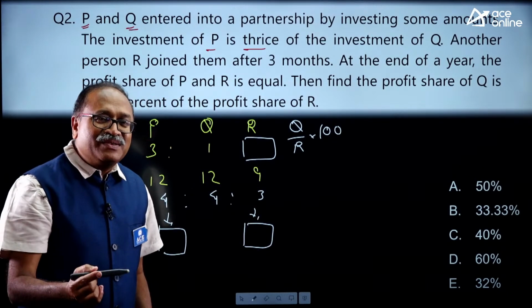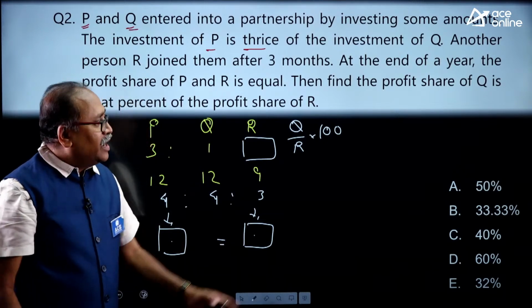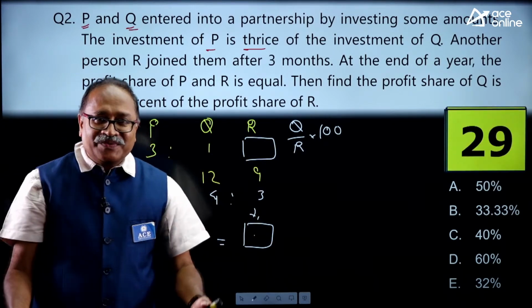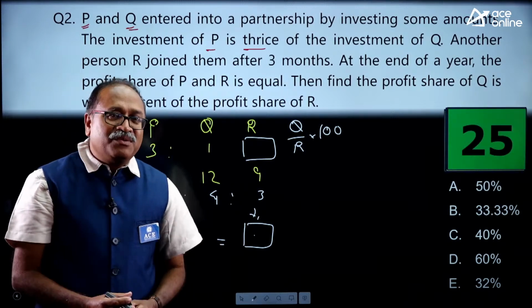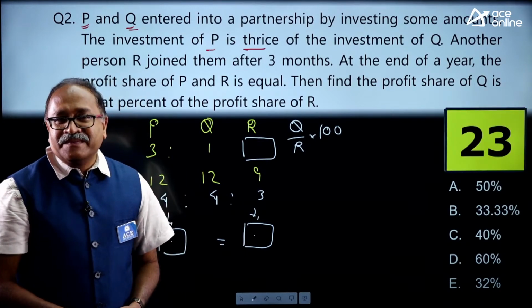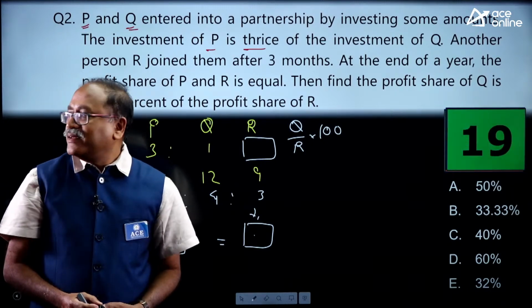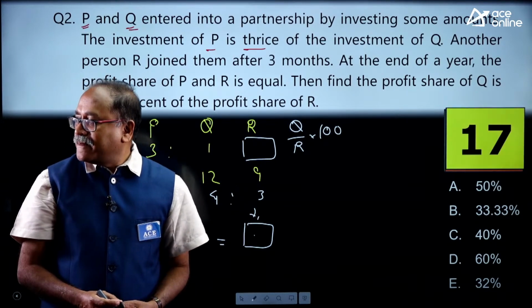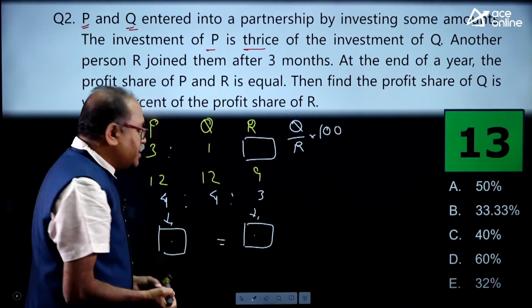Can you answer the question, my dear friend? Take the clue that these two are equal and your time starts now. Come on. I'm sure some of you will be able to definitely answer the question. Yes? Take the clue over here.